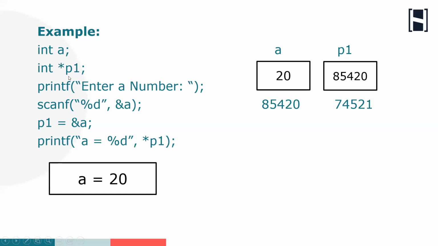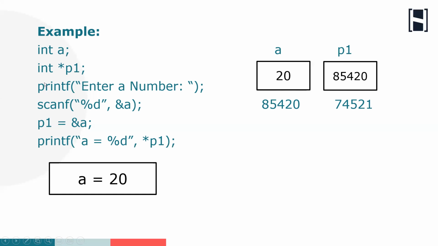Remember, I am creating a pointer variable, by prefixing the star symbol. Now, p1 is also a variable. Yes, it is a pointer variable, but it is also a variable, so a memory will also get allocated for p1. Let us assume that is 74521. This is the memory address of p1. This is the memory address of a.